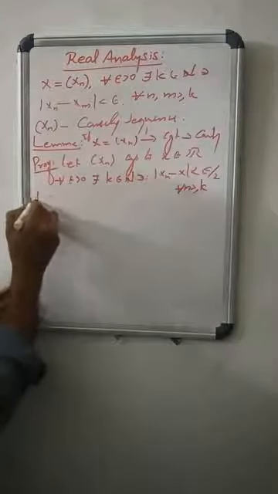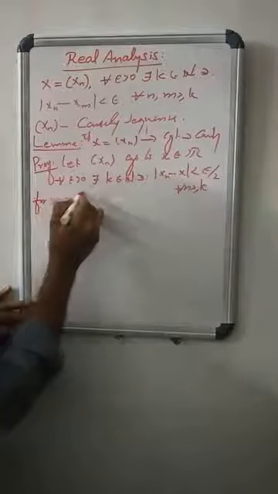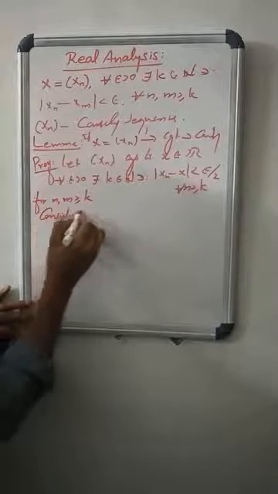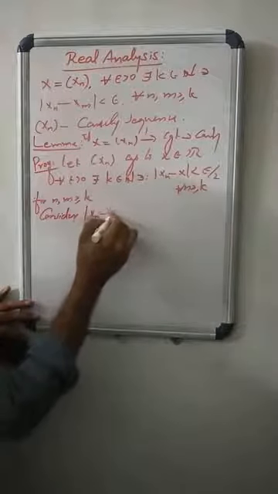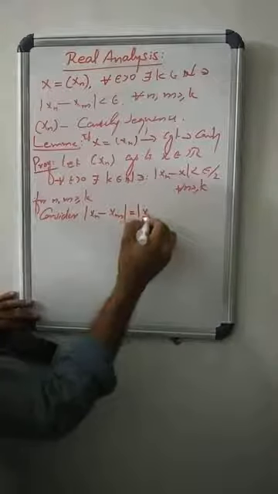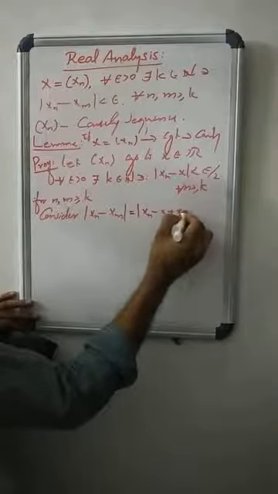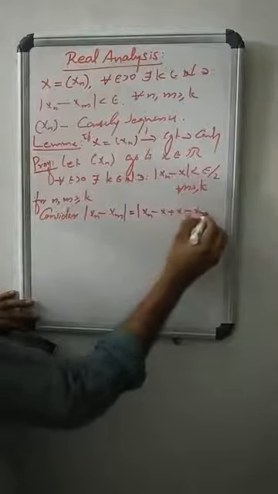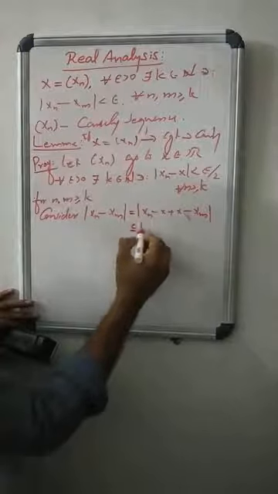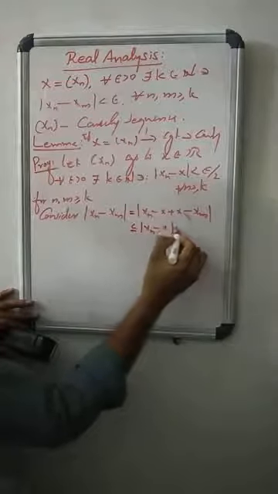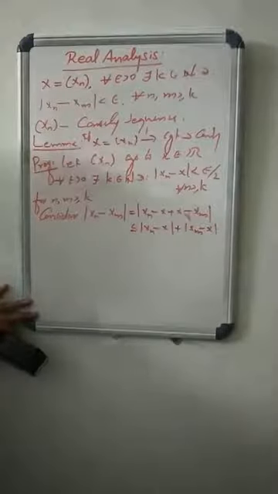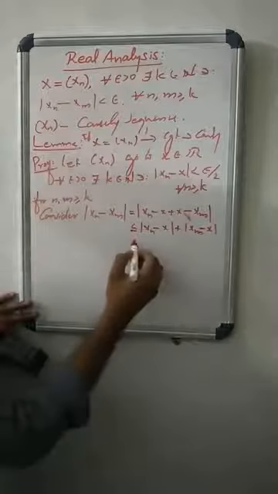Therefore, for n, m greater than or equal to k, to prove it is Cauchy, consider modulus of xn minus xm. It can be rewritten as modulus of (xn minus x) plus (x minus xm). By the triangle inequality, it is less than or equal to modulus of xn minus x plus modulus of x minus xm.